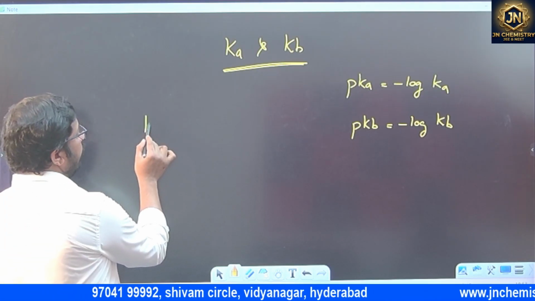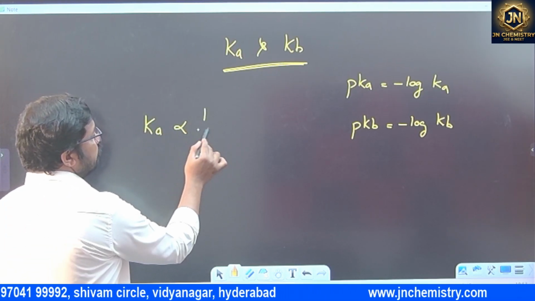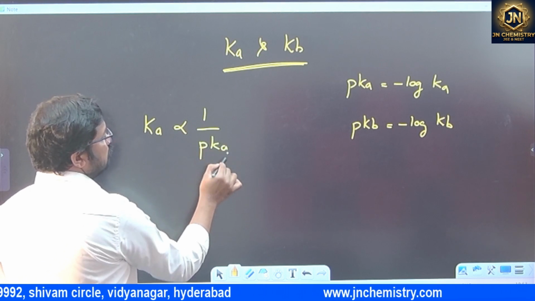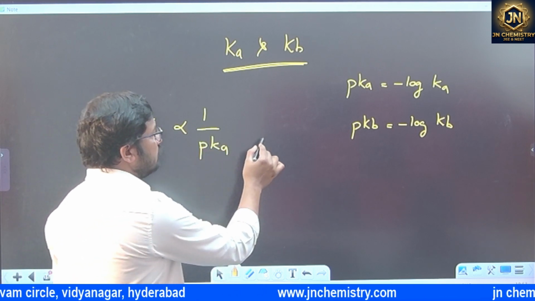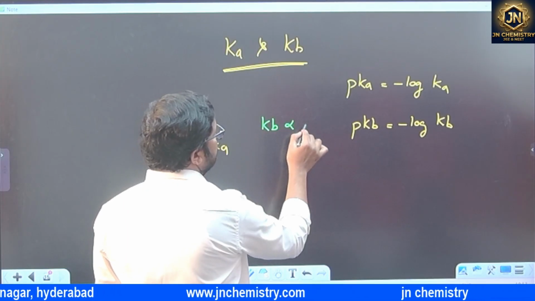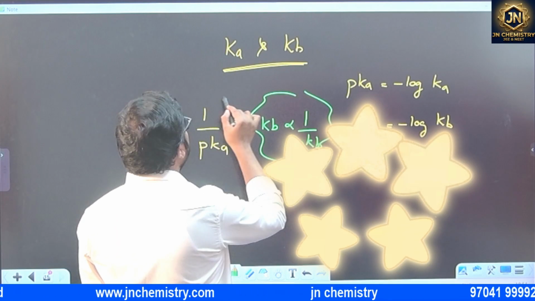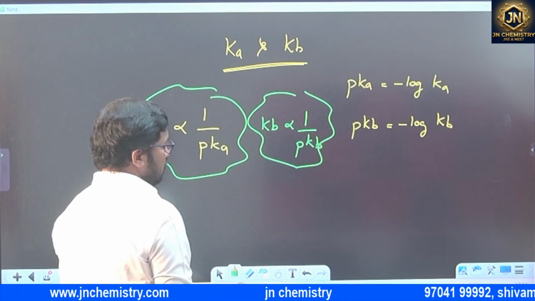For example, if the Ka value is more, Ka has an inverse relationship with the pKa value. Kb has an inverse relationship with pKb. So these points are very important. Based on this, they are asking the questions.